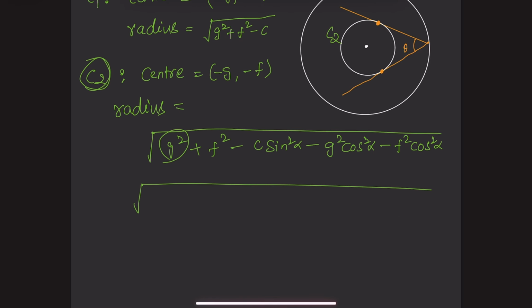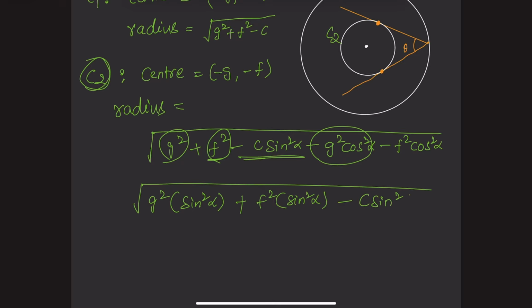If you take these two terms, it is g square into 1 minus cos square alpha, which is sine square alpha, plus if you take these two terms, it will be f square into 1 minus cos square alpha, which is sine square alpha. And finally this term, minus c sine square alpha.